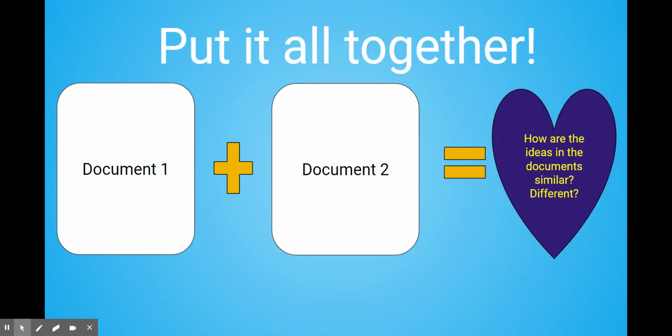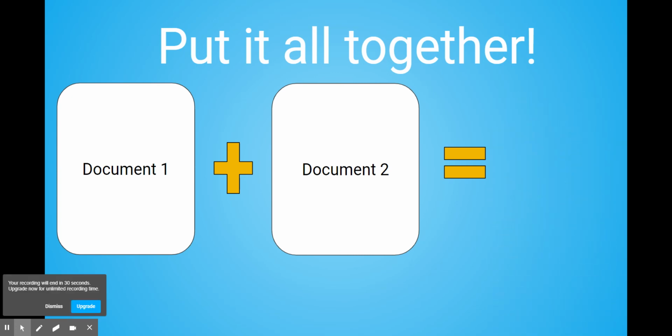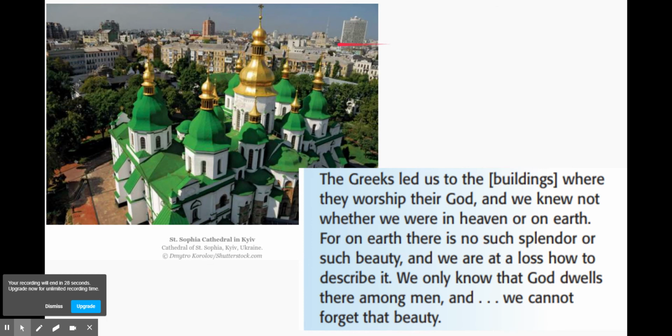We can then look at a third relationship between them, which is how are the ideas in the document similar or different? The last 2 documents don't quite work for this model, so I used the cathedral instead. So a similarity we see is that both of these sources have to do with the conversion of Russia to Eastern Orthodox Christianity.